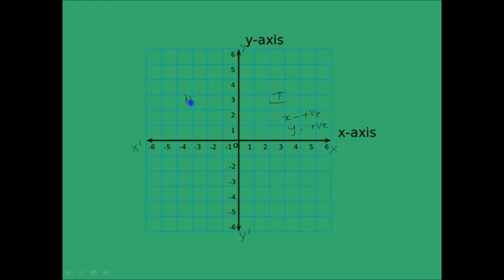And this one is called the second quadrant, wherein the x part of the number line is negative and the y is positive.